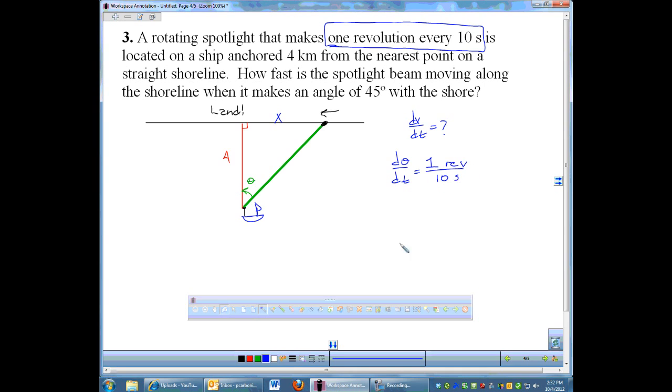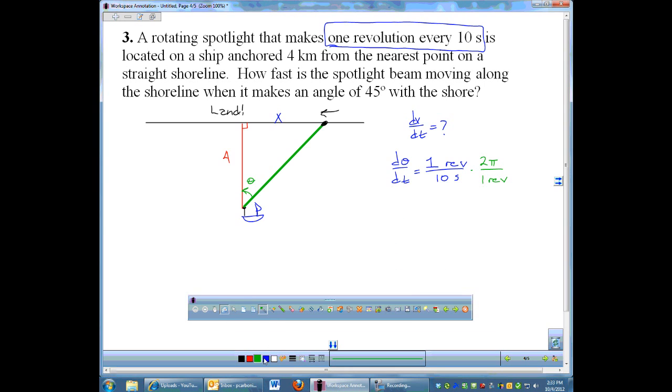Okay, the problem with 1 revolution every 10 seconds is a revolution is a very bizarre unit of measure. We can't do revolutions. We have to change that since we are dealing with angles. We have to find a way to convert that into radians. And you think 1 revolution, if we go in a full circle, 1 revolution is going to equal 2 pi radians.